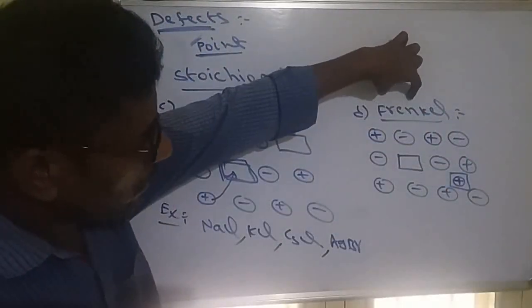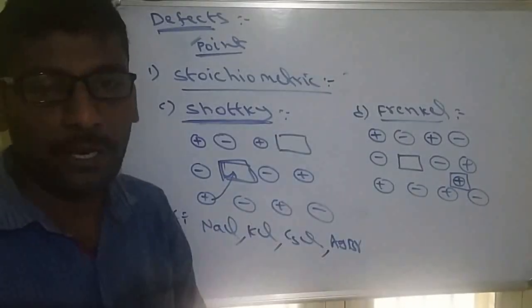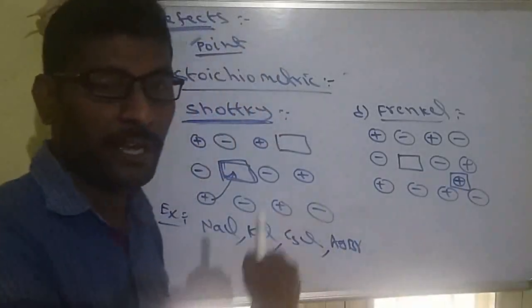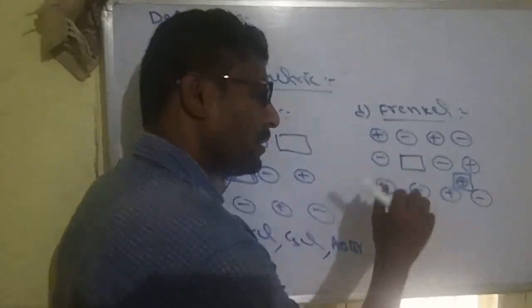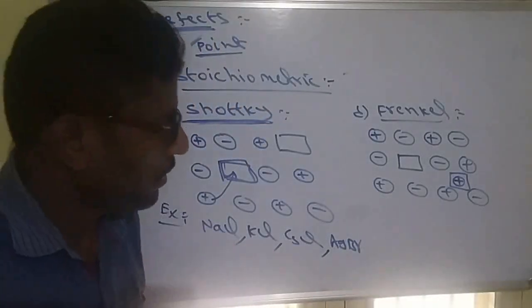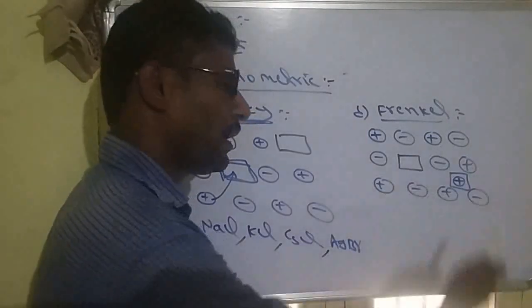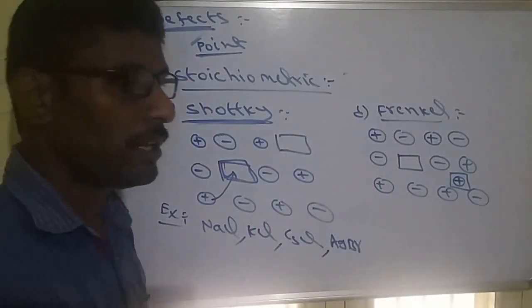In this defect, there is no change in the number of ions. Ions are not lost and not gained. Just one ion is changing its position from its site to an interstitial site. So the density has no change, and lattice energy also has no change. But due to the gap, conductivity increases a little bit. So these are the properties of Frenkel defects.